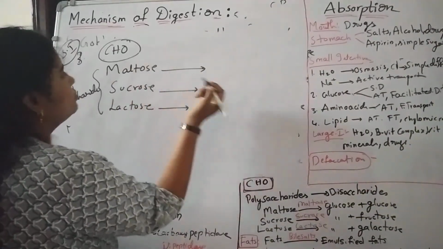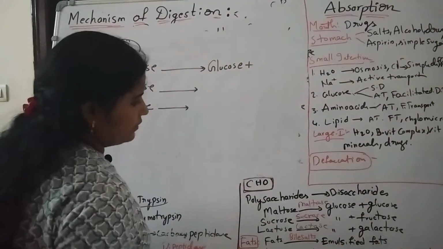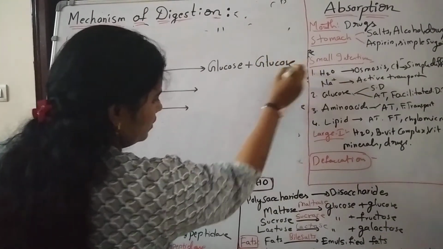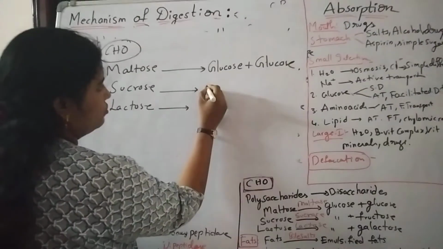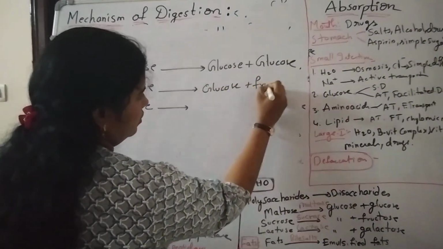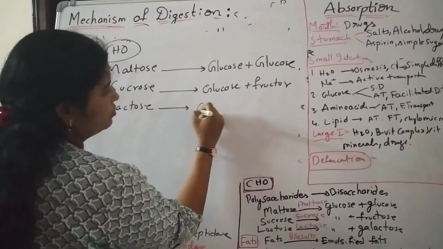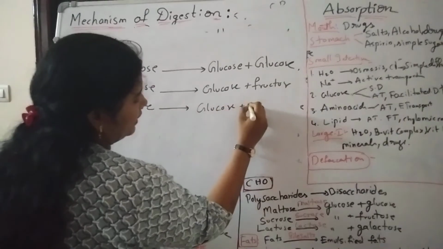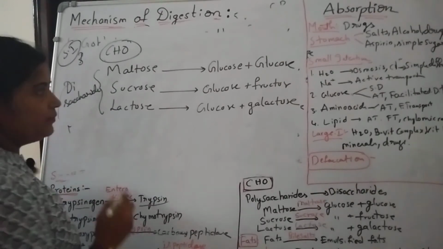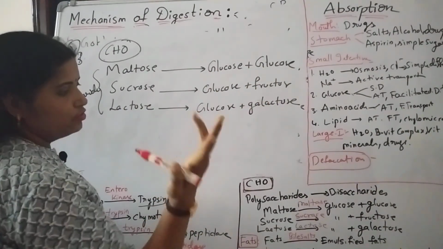Maltose is converted into glucose and glucose, and sucrose is converted into glucose and fructose. Lactose is converted into glucose and galactose. So maltose is converted into two glucose molecules.